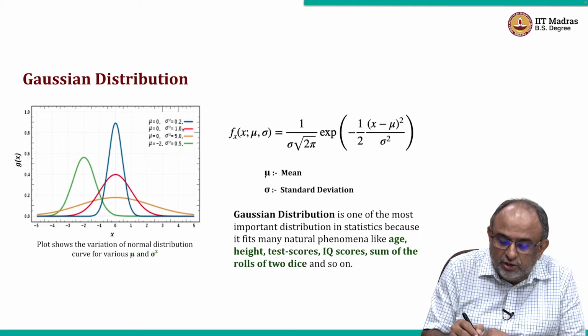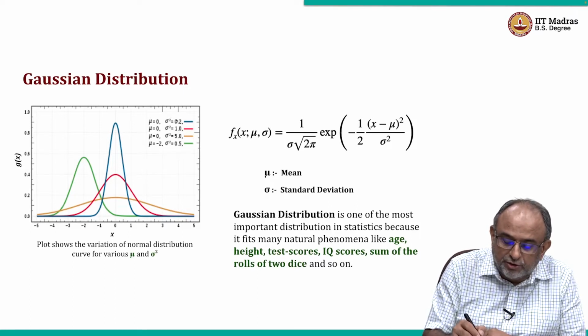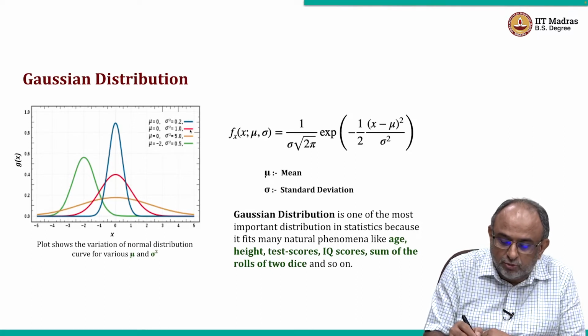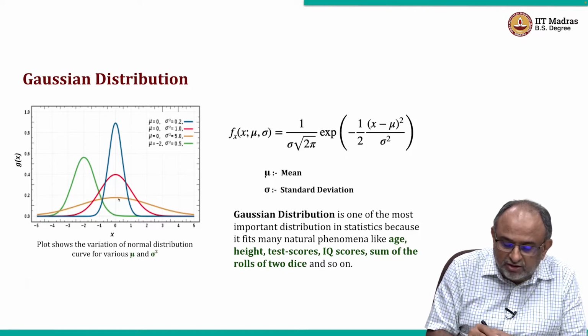So when you increase the variance, it is going to become broader. When sigma squared is 0.2, it is narrow. When sigma squared is 1.0, which is the red curve, it becomes even wider, and when sigma squared is 5, which is the brown curve, you see it's really wide.